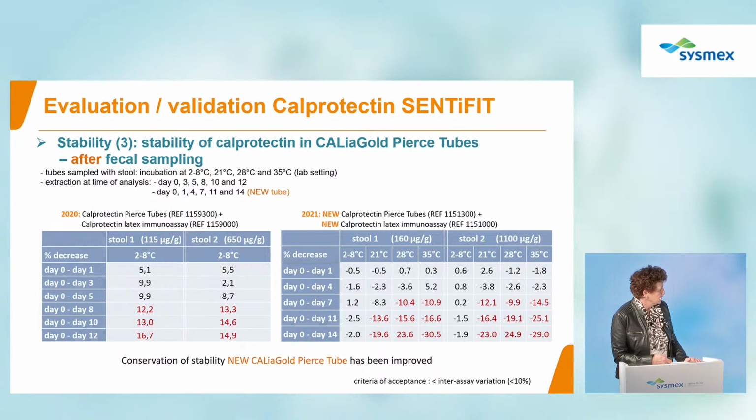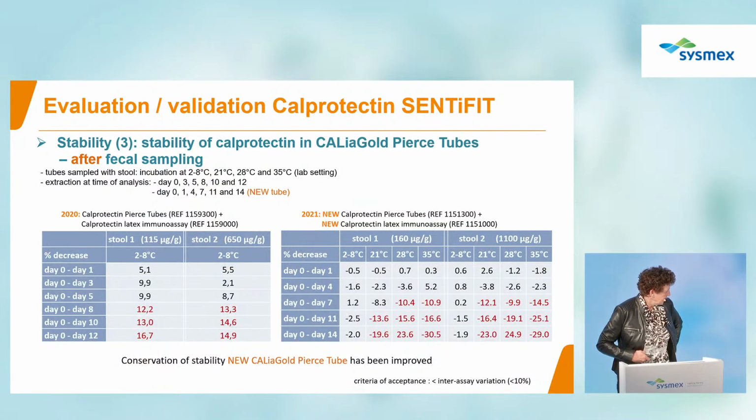Also with the new tubes, we measured for some days after sampling. We sampled the tube, and then we extracted them, and then we left the tubes standing at the different temperatures. As the tubes from 2022 must be kept in the fridge, we only tested them in the fridge.